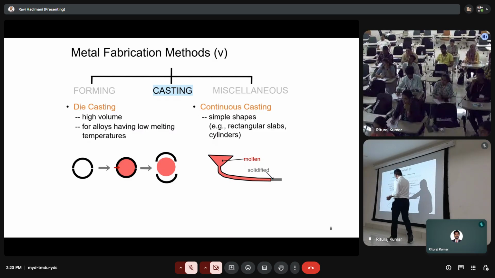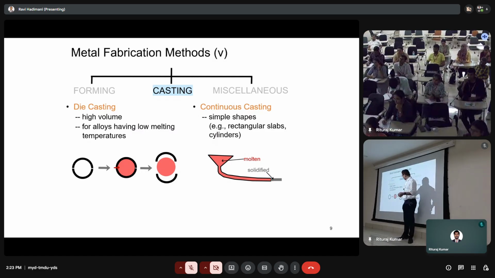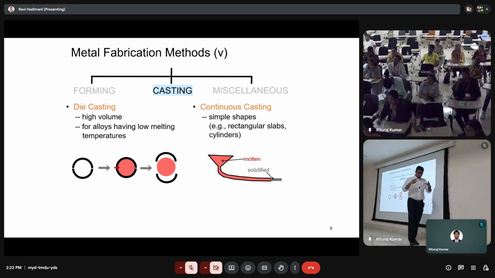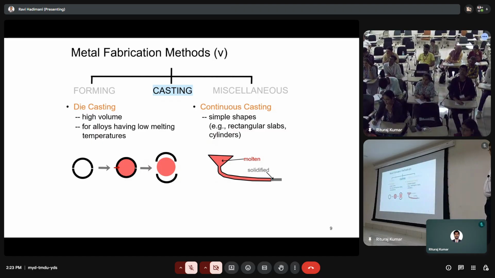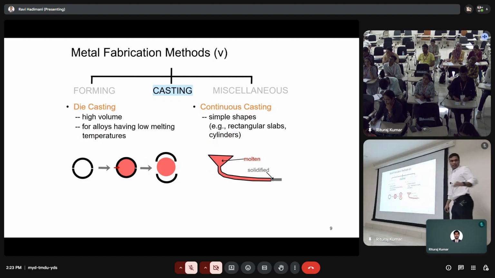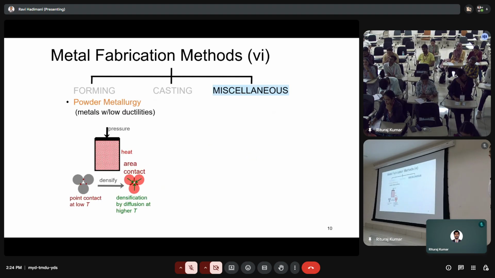Because they're in two parts, at the places where there is mold separation, you need to do some post processing for surface finish. But that is also a less expensive, high throughput process. Another one is called continuous casting. And then you have miscellaneous, which includes sintering, powder metallurgy, and so on.